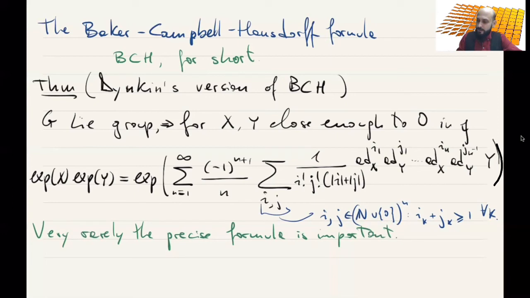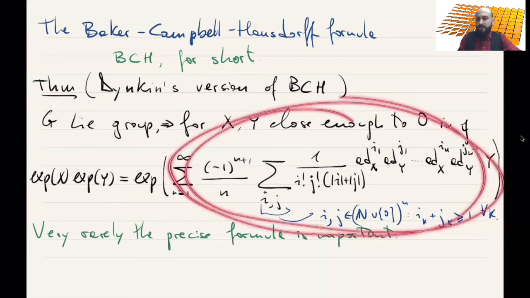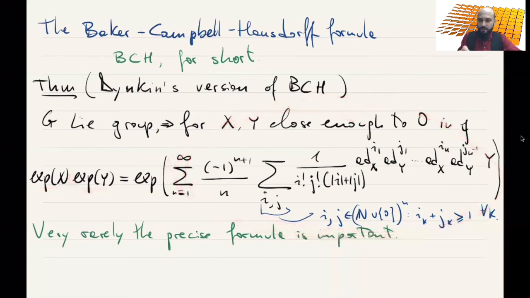So in other words, the Lie bracket, the structure of the Lie algebra, determines the product, at least in a neighborhood of the identity. Sometimes it's good to know the first terms. Sometimes the first terms are important, and I will write them later.